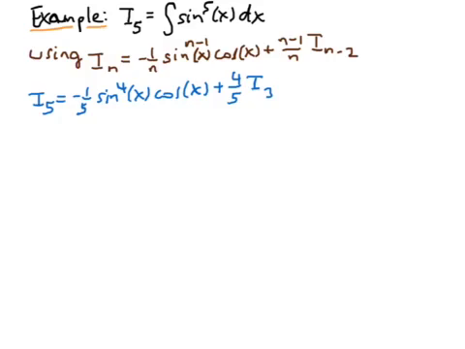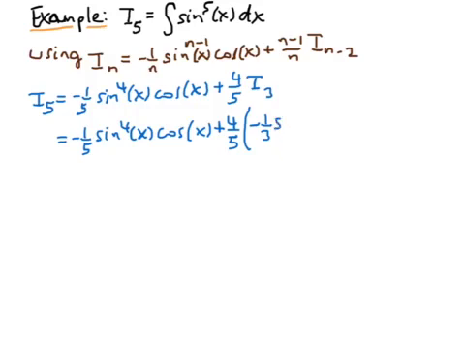So what we're going to obtain is minus 1/5 sine to the fourth of x times the cosine of x plus 4/5 multiplying into, so I'll open brackets, and it is minus 1/3. Remember, here n is now 3, minus 1/3 sine 3 minus 1 is 2, sine squared of x times the cosine of x, plus 2/3 I1.